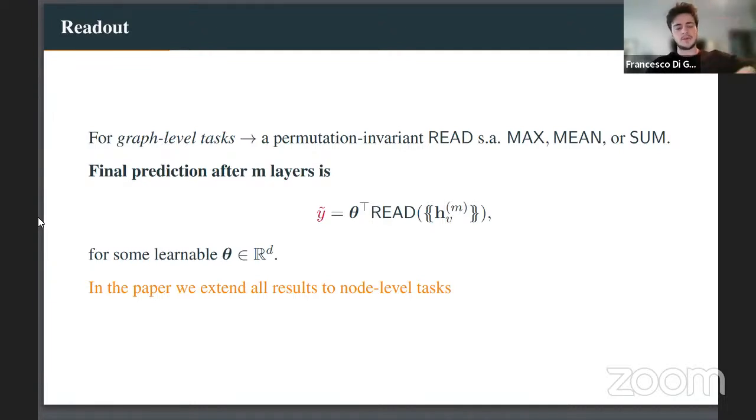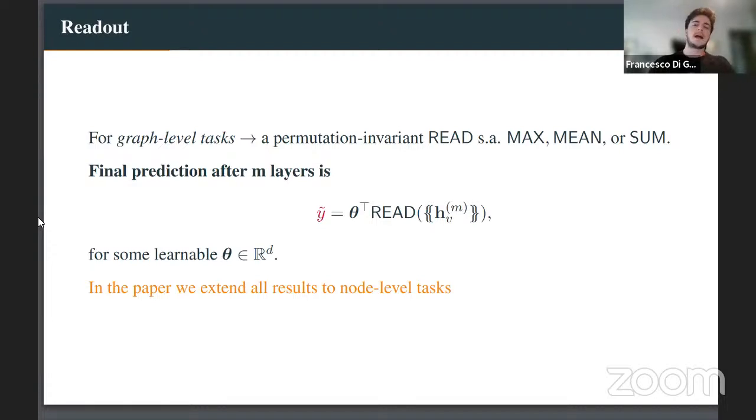So what we do is we take a message passing network for M layers, and then we apply a global pooling operation or a readout map. This is just a permutation invariant operation that basically allows us to associate a single vector to each graph.